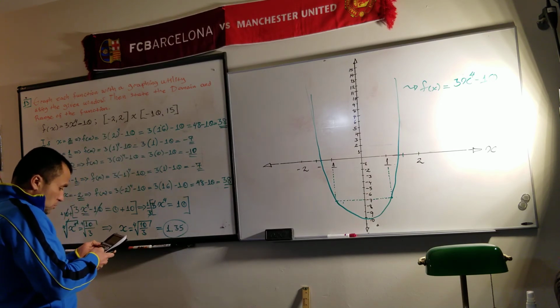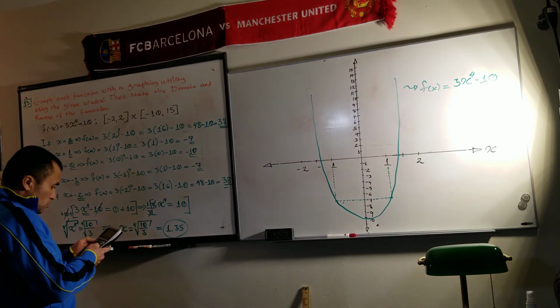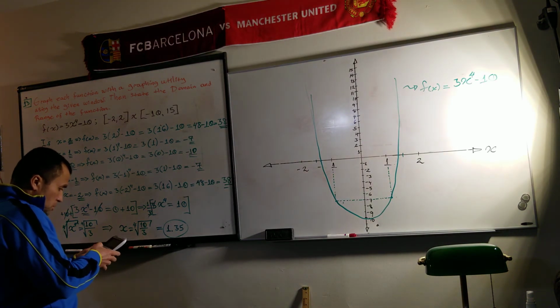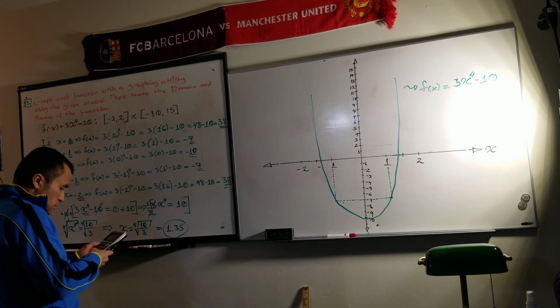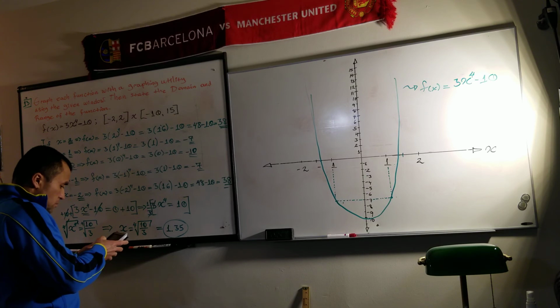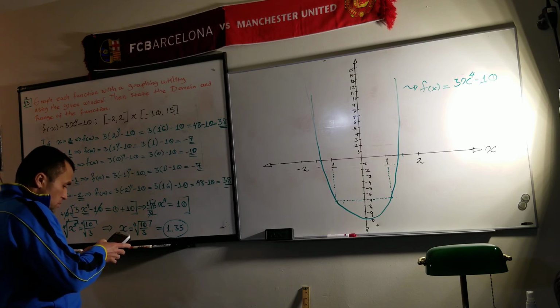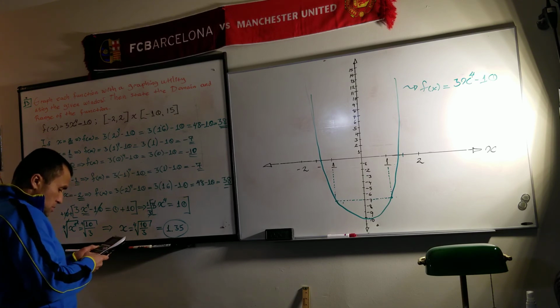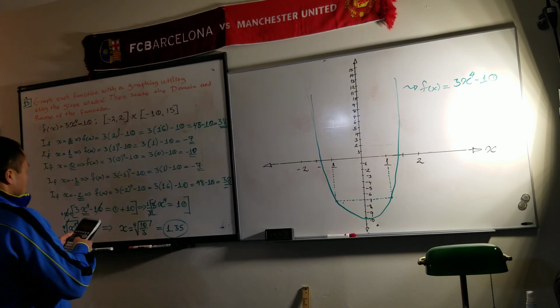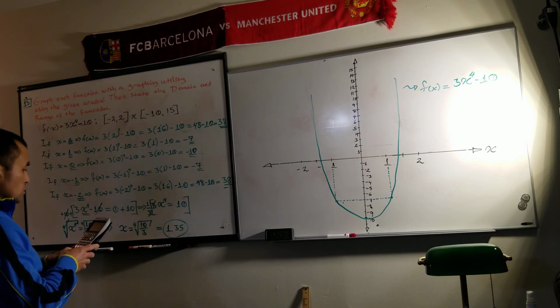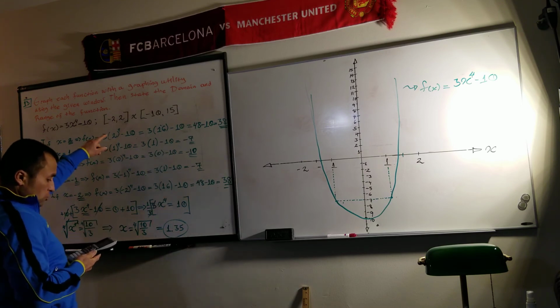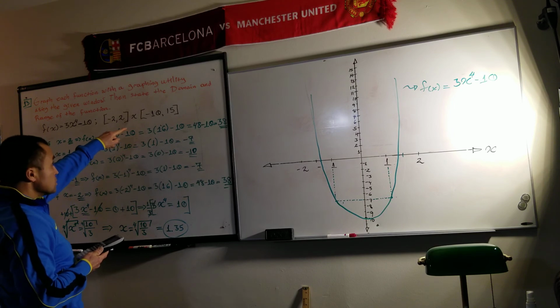So let's see where the graph of the function is. New graph, menu, graph, and then 3x to the 4 minus 10, and the window is from minus 2 to 2 and from minus 10 to 15.